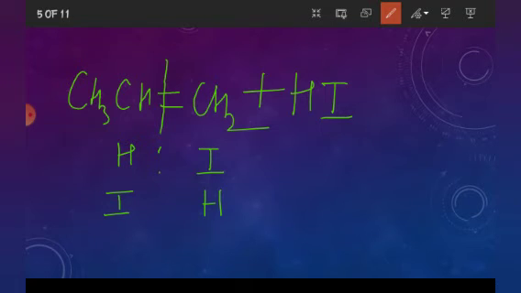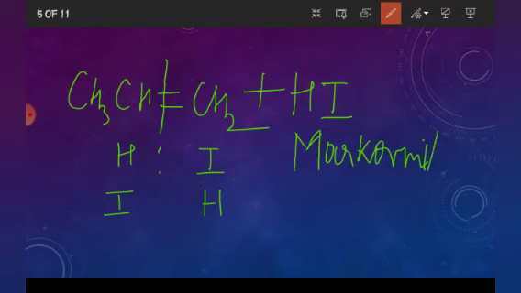But in order to decide this, we will follow a rule which is known as Markovnikov rule. The statement for this rule is that the negative part of the addendum gets attached to that carbon atom which possesses lesser number of hydrogen atoms.